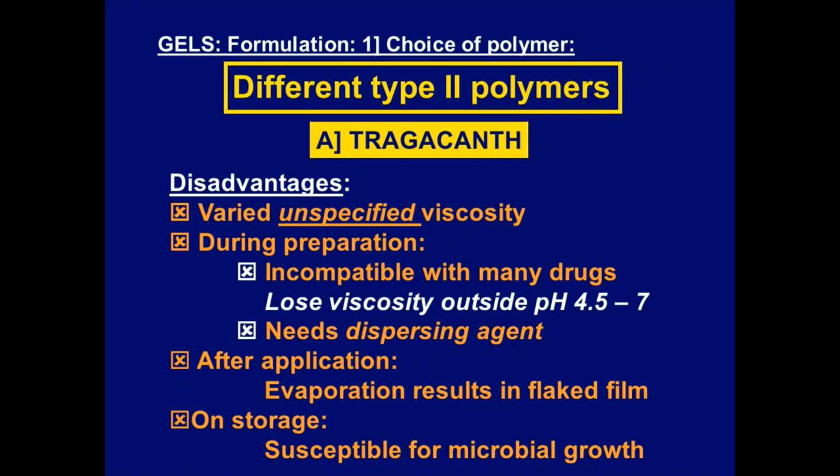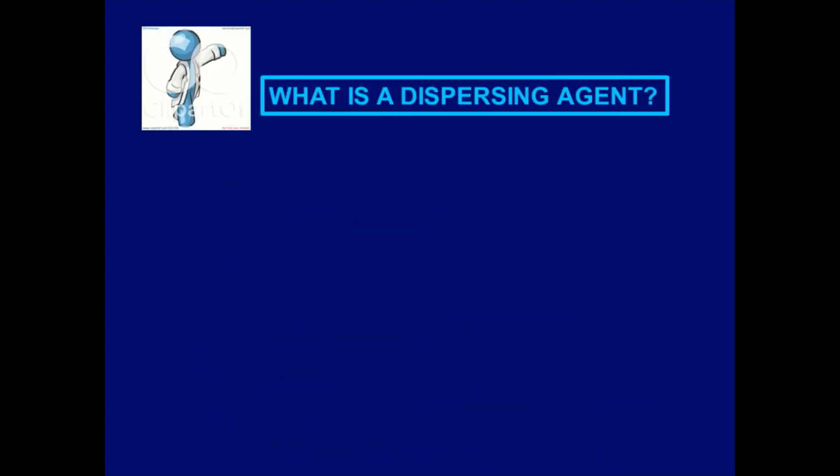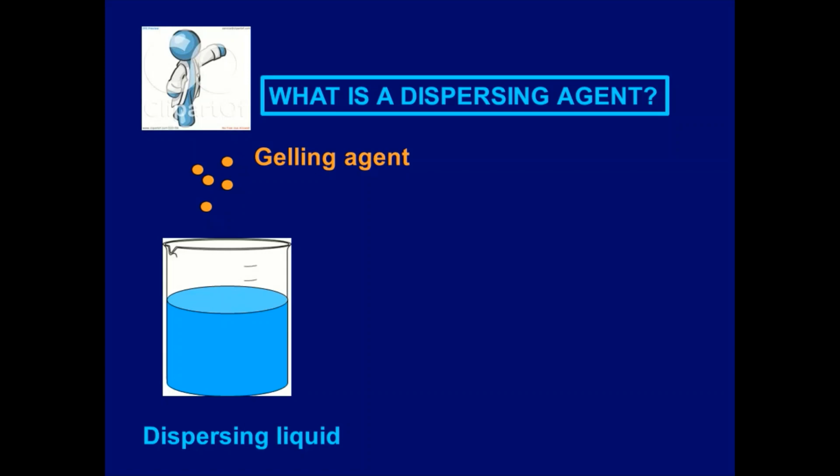What is a dispersing agent? Let's explain it more clearly. When you have the gelling agent, yes, it is soluble in the dispersing liquid, but it cannot be wetted with the dispersing liquid. So as long as you stir the gelling agent with the dispersing liquid, it is not wetted and it accumulates and goes up to the surface of the liquid.